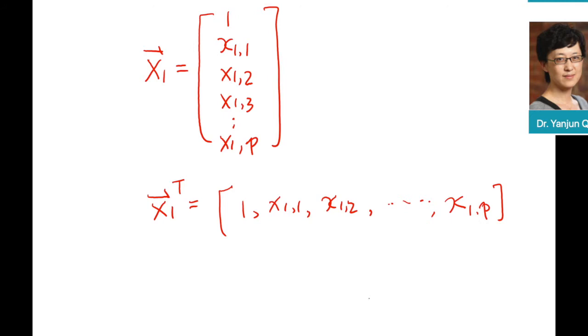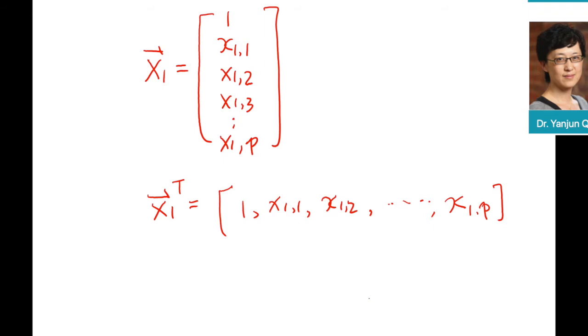there's some concise notation, and we actually showed you there are different ways to represent your training samples. For example, this is my training sample x1, and it's a vector.